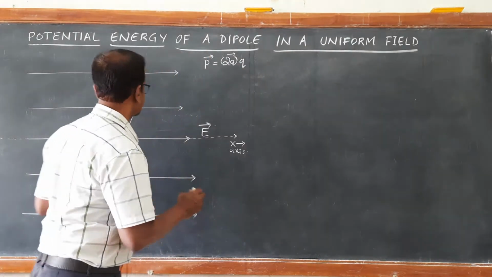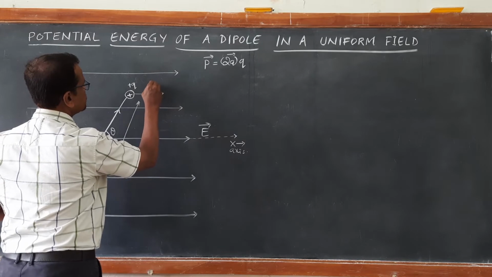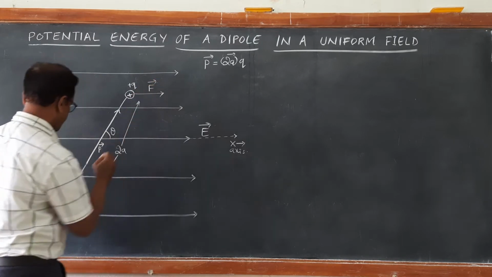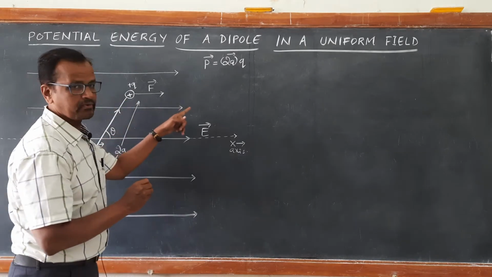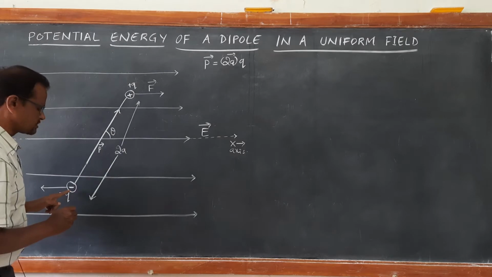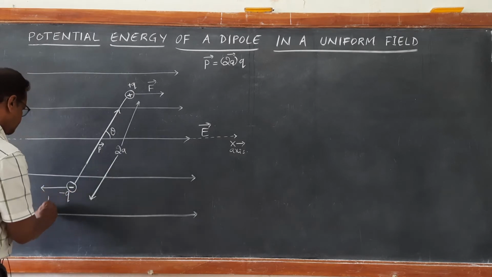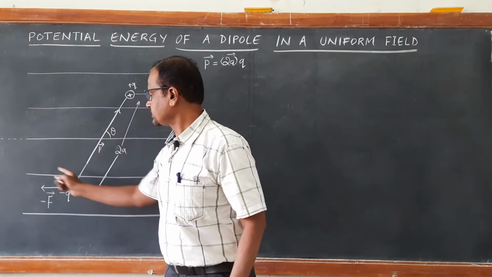The torque is because it experiences an equal and opposite force. The positive charge experiences a force along the direction of electric field, and the negative charge experiences force minus F, equal and opposite, in the opposite direction of electric field.